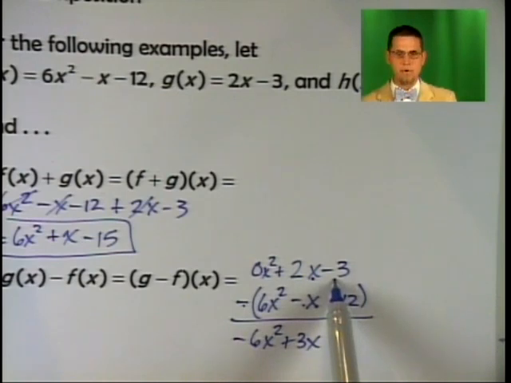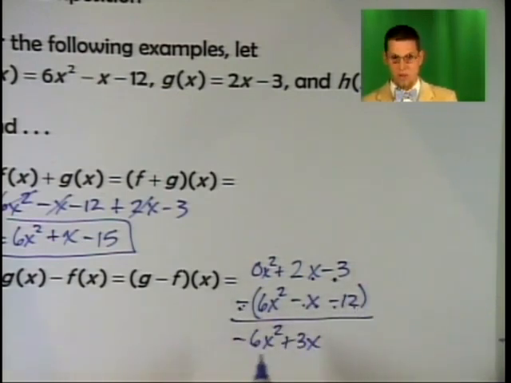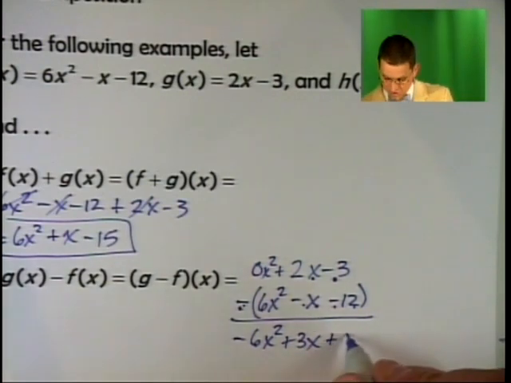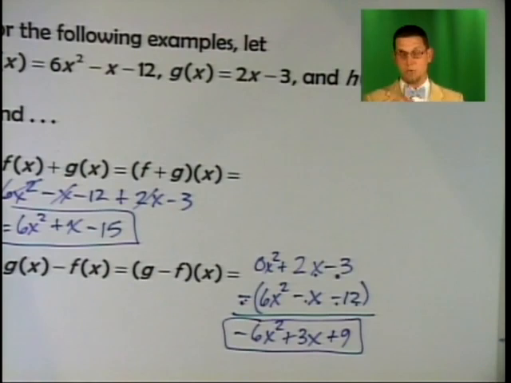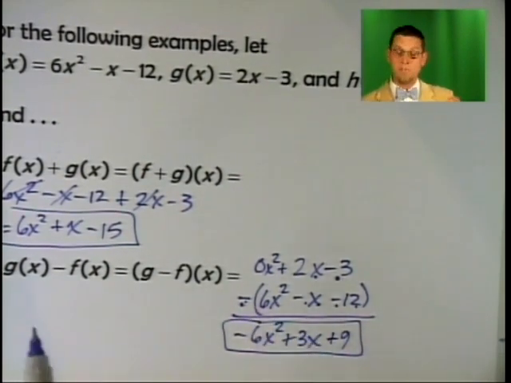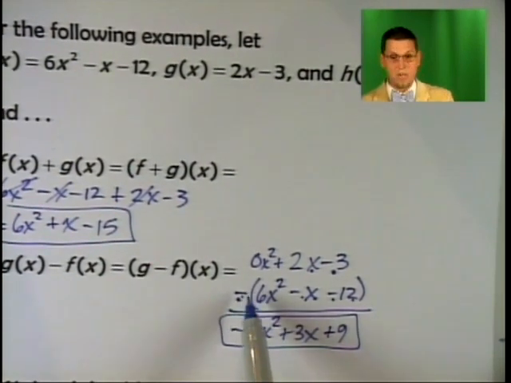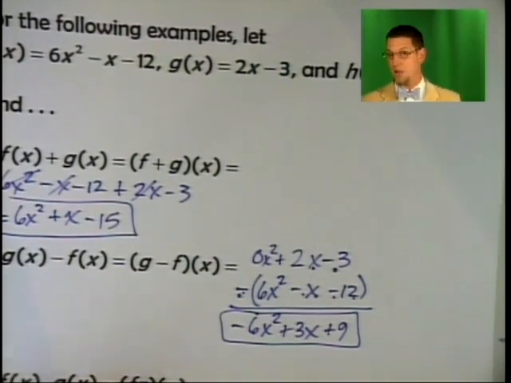And then negative 3 minus negative 12 is really negative 3 plus 12, or 12 minus 3, which is plus 9. So adding it vertically works as well. Remember, when you're subtracting, you can distribute. And if you prefer to do one extra step in here, distribute the negative to all three terms and make it an addition problem, that would work well as well.